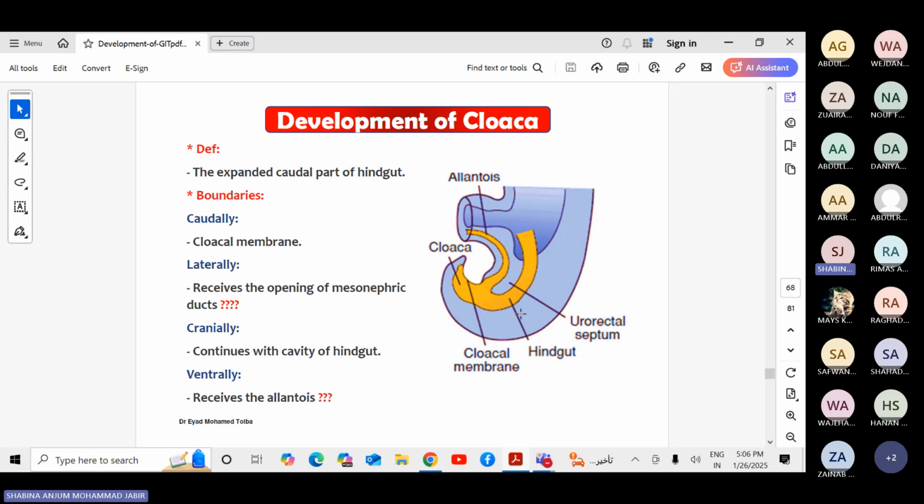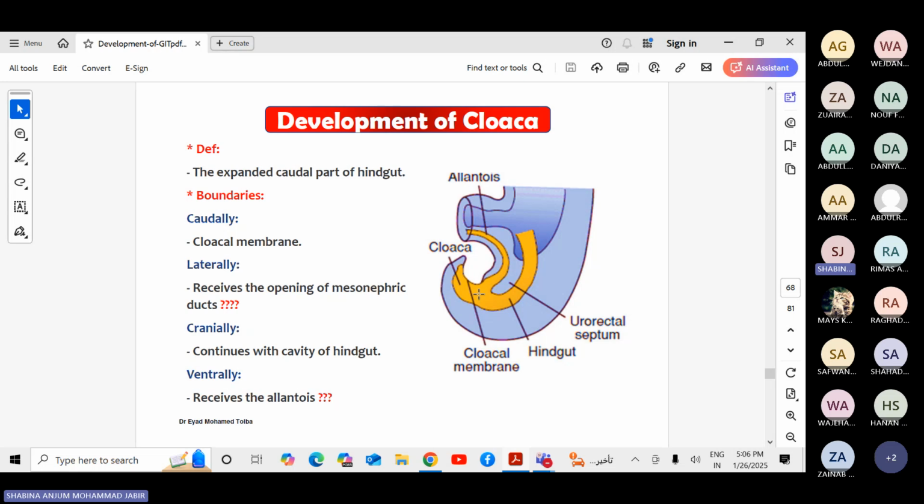The caudal part is called the cloaca. In the cloaca we have the cloacal membrane, which is the lowermost part of the gut tube. We also know that there will be an opening of the mesonephric duct on the side of the cloaca.